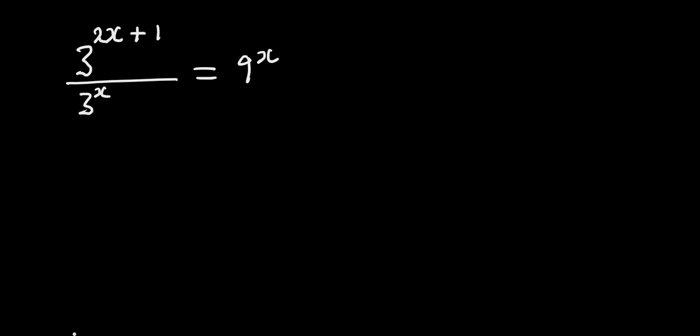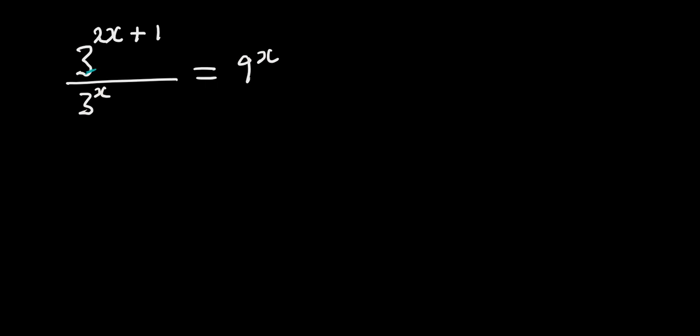Question A: 3 exponent 2x plus 1 over 3 exponent x equals 9 exponent x. On the left side, you can see that the value 3 is known as the base.